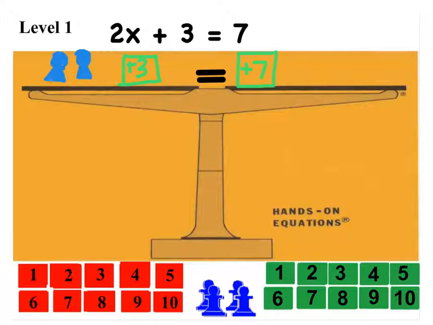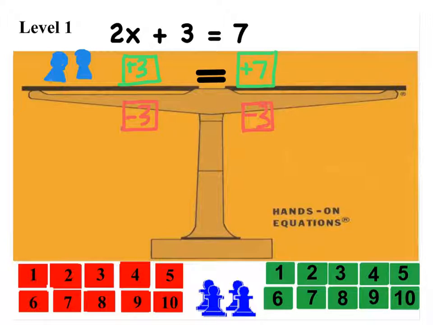Okay. Now, we want to get one x all by itself. And since we don't really know what x equals, we want to start by getting rid of all the other numbers on the same side. So what we can do is get rid of that positive 3 by taking it away, or adding a negative 3, to both sides.